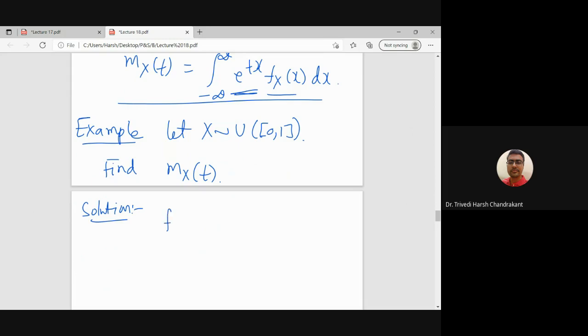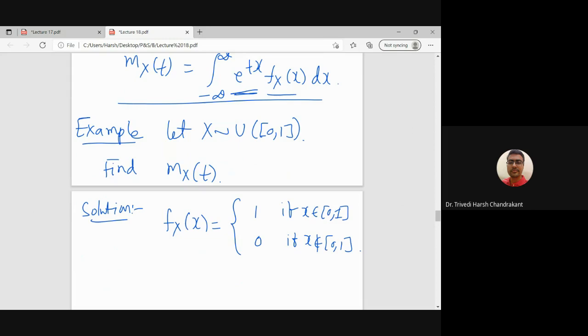What is f(x) here? That is 1 if x is in the closed interval 0 to 1, and otherwise it is 0. So this is the density function, and this is a continuous random variable. So we'll use the second formula, the formula of the moment generating function.